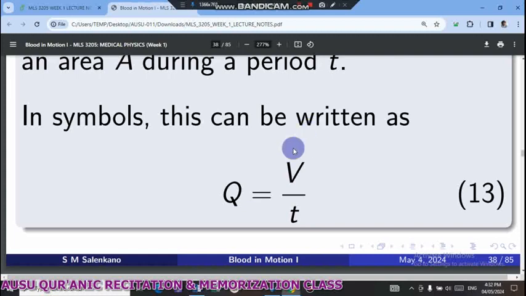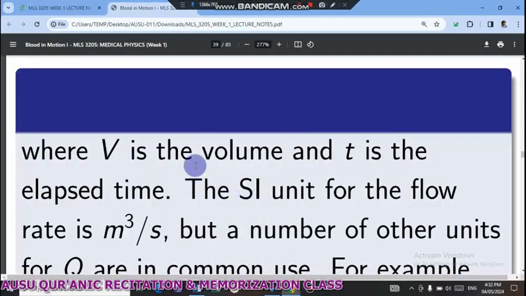So I will get this volume, my capital V, convert my time to seconds and divide the volume by the time in seconds. This measurement will give me the flow rate of the blood at that point, where V is the volume and T is the elapsed time, meaning the time taken for this volume to pass.